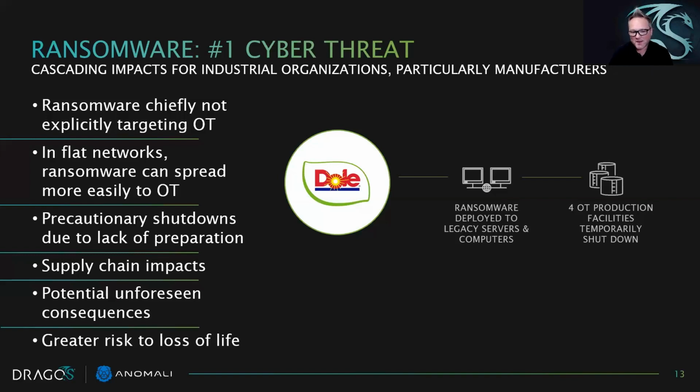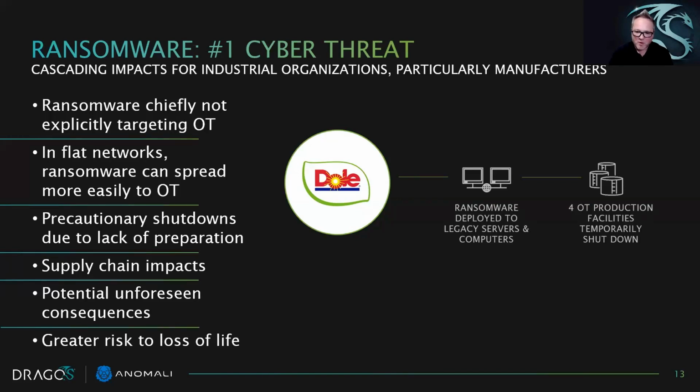But typically what we see is an enterprise IT network encrypted, ransom demanded, and some of those problems can be the fact that there is a flat network, or there isn't necessarily the security between those two environments that should exist, or sometimes is thought to exist, but doesn't and hasn't been checked, so that ransomware can spread to those Windows or Linux hosts within that environment.